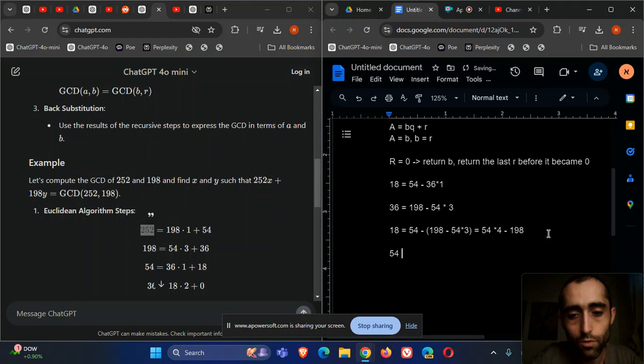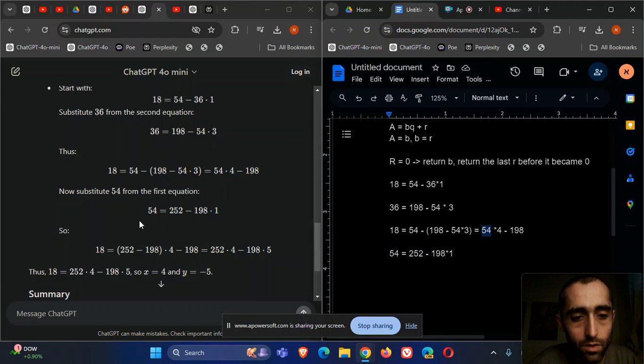I will use the first equation. 54 can be represented as 252 minus 198 times 1 if you want. So I can plug this value in here instead and get the thing that you see right over here. So we have 18 equals 54.